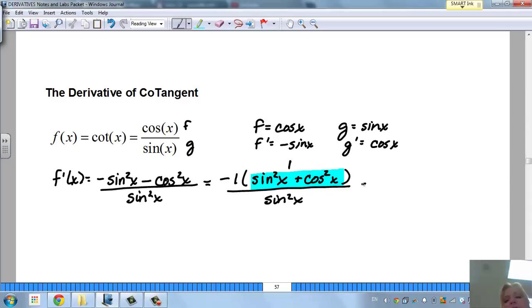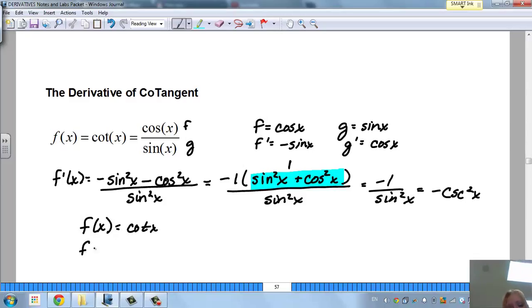So negative 1 times 1 is negative 1 over sine squared x, okay? Or you can call that negative cosecant squared x. So if your function is cotangent of x, then f prime of x is going to be either negative 1 over sine squared x, or negative cosecant squared x, okay?